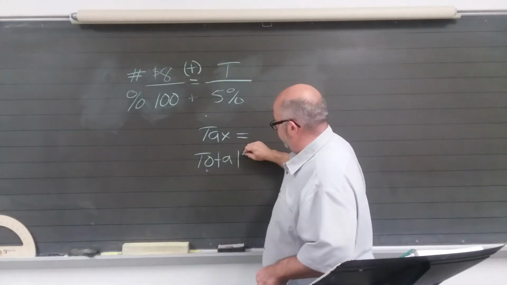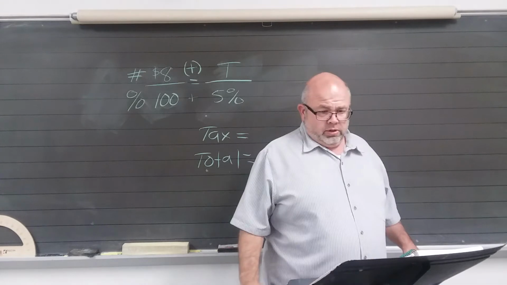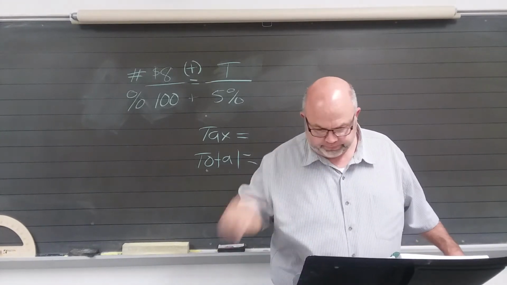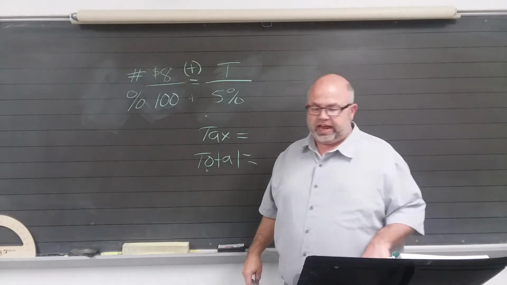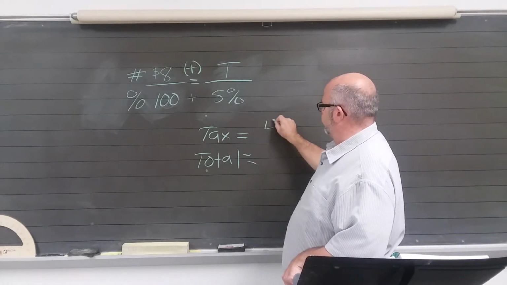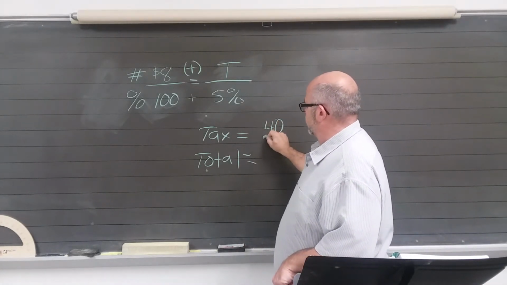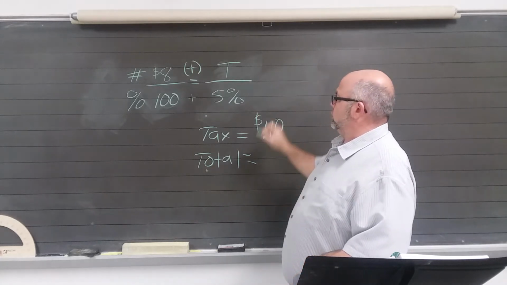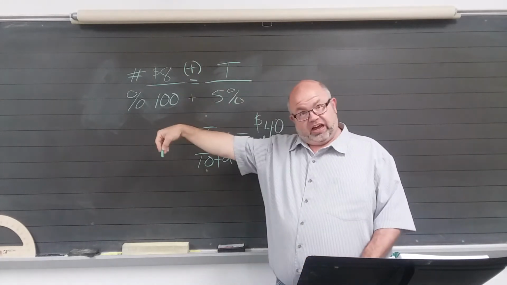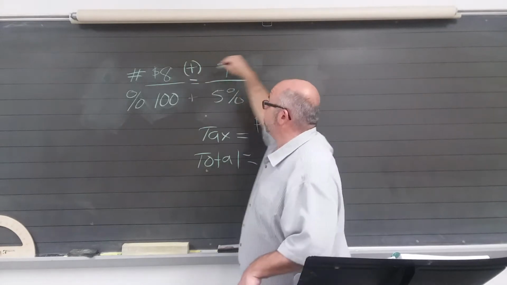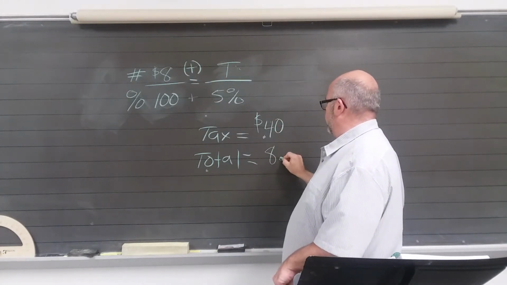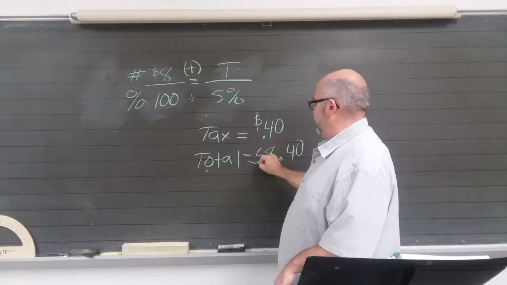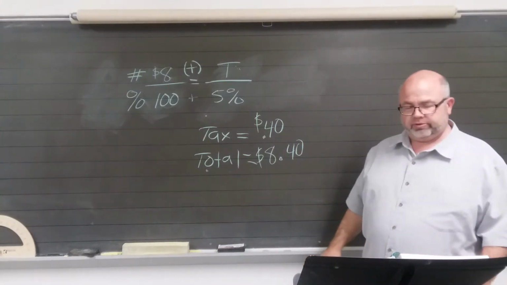So you need two answers. So number 19, your sales tax is 40 cents. You add 40 cents to $8. $8 plus 40 cents, giving you a grand total of $8.40.